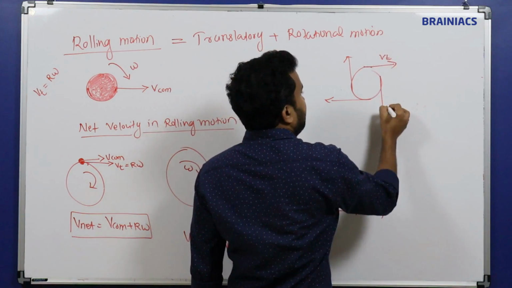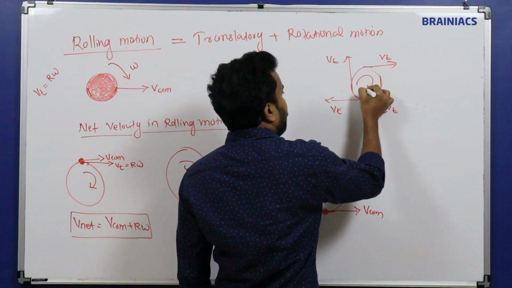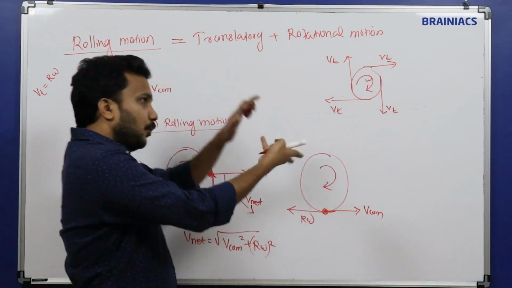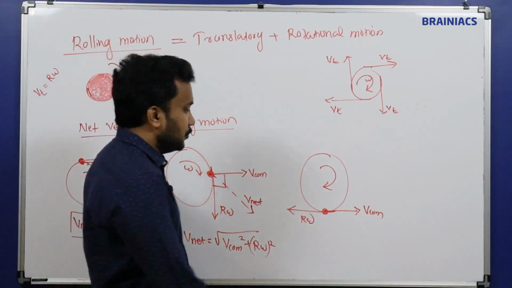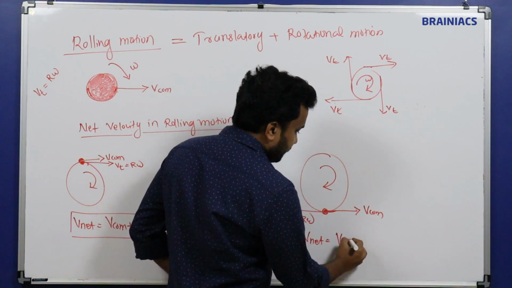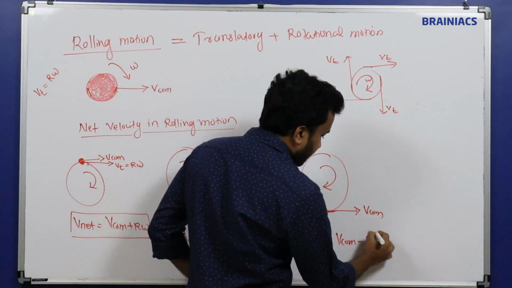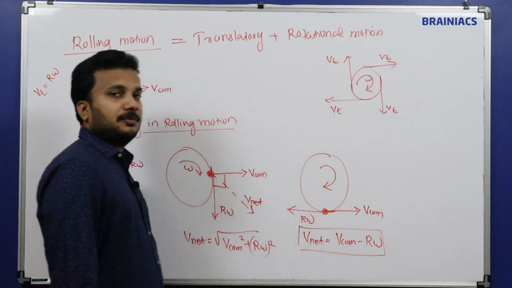This is our Vt, rotating like this. Opposite directions. So here V net equals Vcom minus R omega. Whichever is the higher value minus the lower value, you can do.